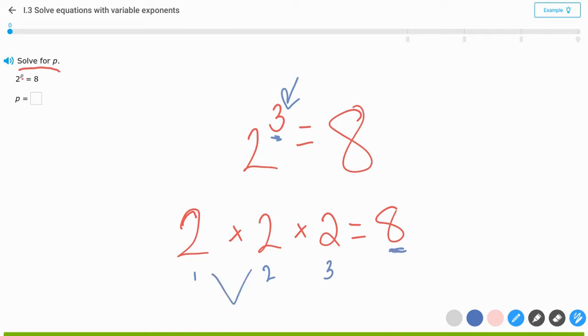And if you break this apart, you'll see that that's true. The first 2's, 2 times 2 is 4. Then I do 4 times 2 to get the final number of 8. So this is telling me that 2 to the third power is 8.